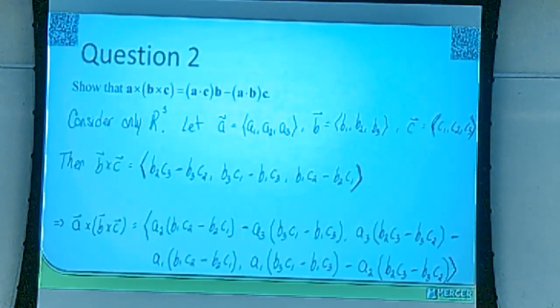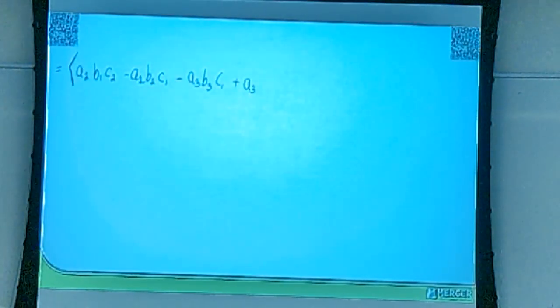Distribute everything out. Yeah, the first component expanded out. Second component expanded out.